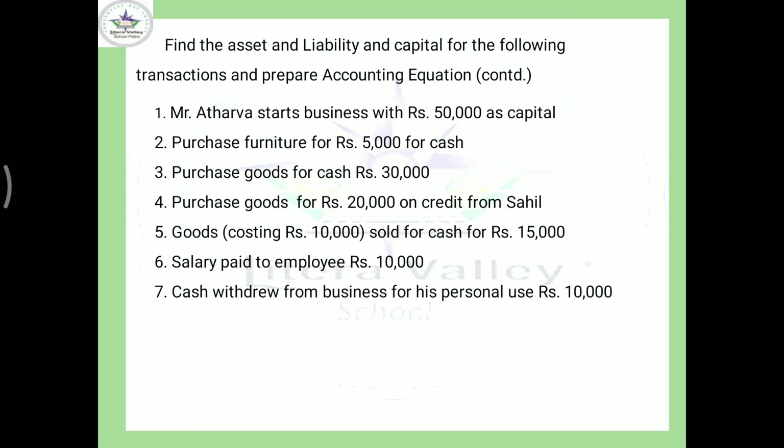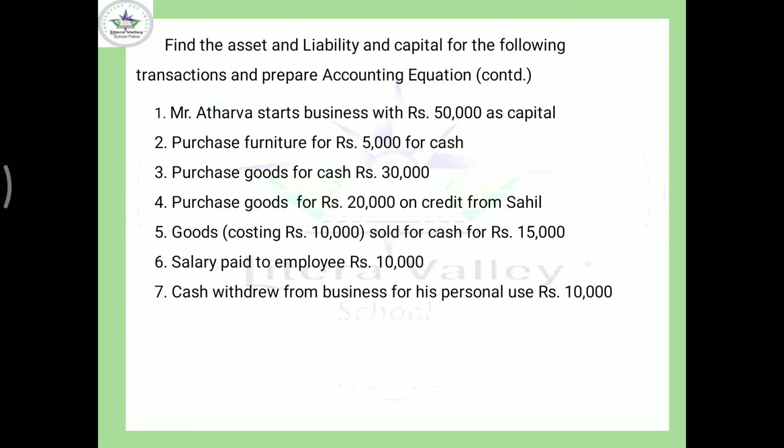So the effect of this transaction would be that cash balance will increase and capital balance will also increase, isn't it? Because Atharv has started a business and you are going to pass entries, record the transactions in the books of the business.